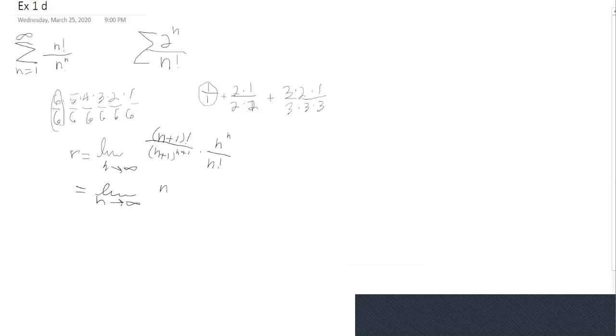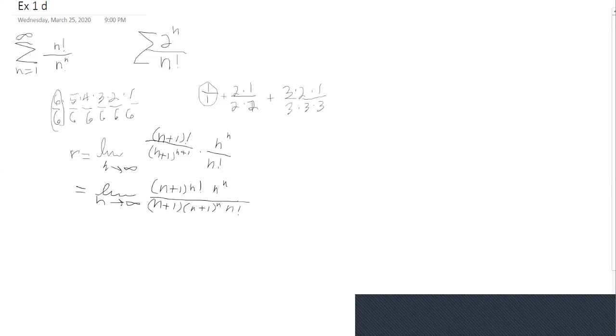Let's break this up. n plus 1 is an n factorial, and then you have an n to the n. And down here you have an n plus 1, and then you have an n plus 1 to the n, and then you have an n factorial. Okay, so I broke that up.